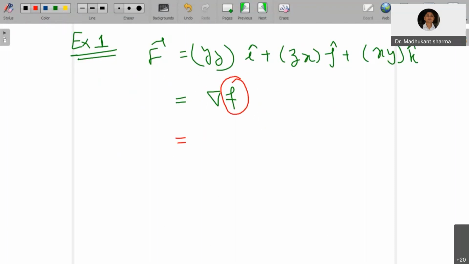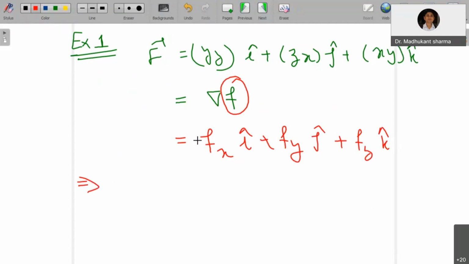Now, to obtain this, you can write fx i plus fy j plus fz k. Now I can analyze that the i component x is missing, the j component y is missing, the k component z is missing. Okay, so it can be verified. It could be f is nothing but x into y into z. Okay, it is easy to verify.